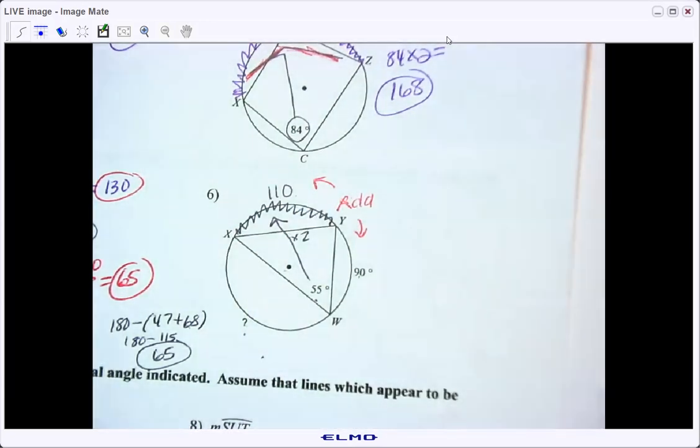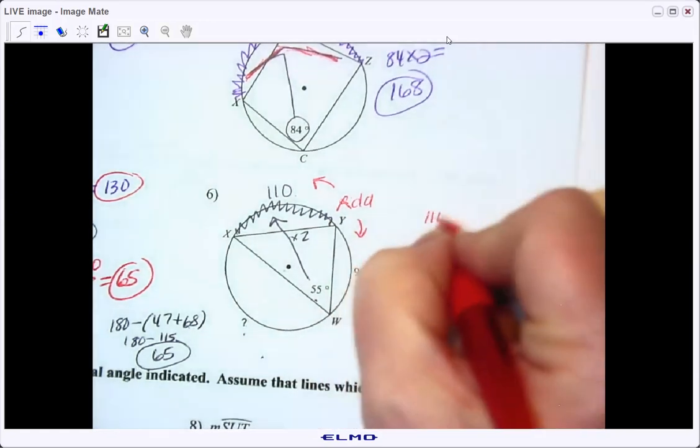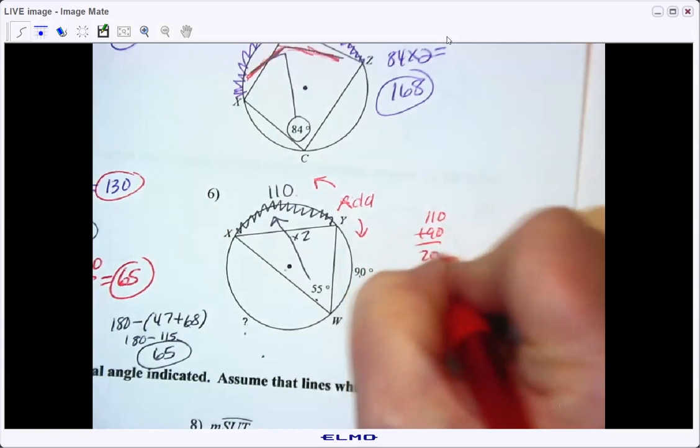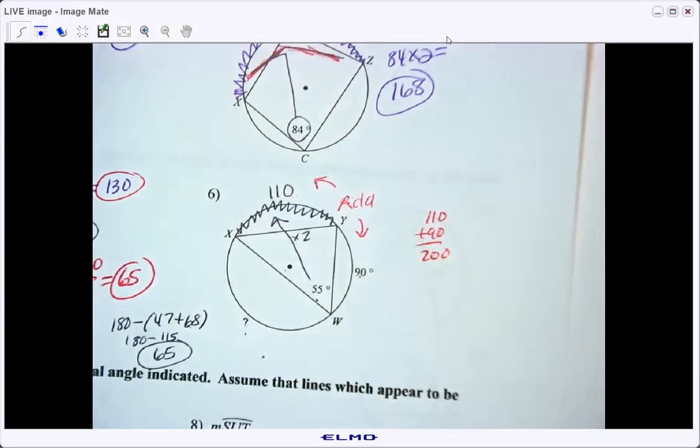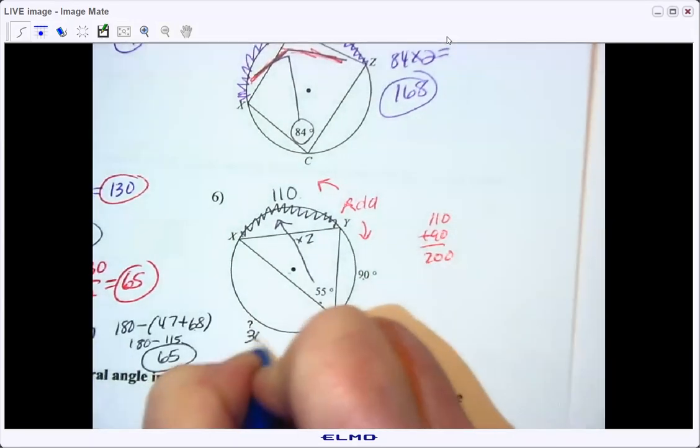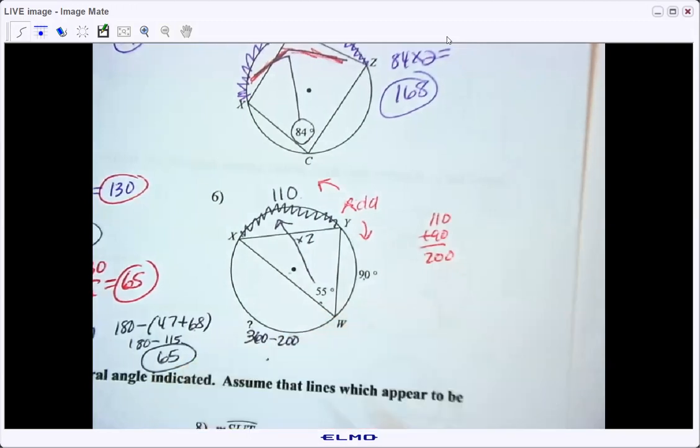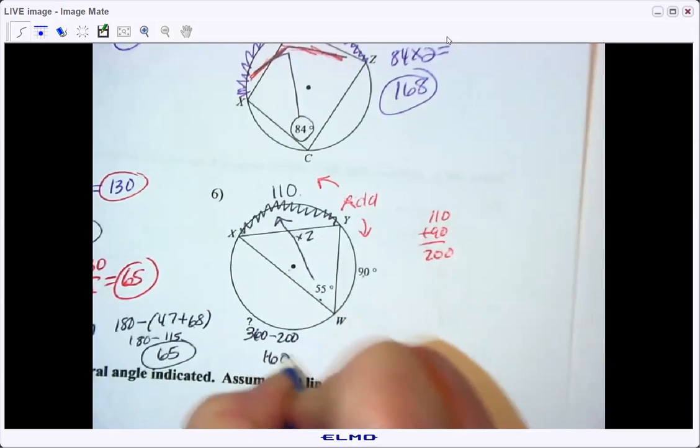Good. Good, Alex. Look at you. So I'm going to go 110 plus 90 to get 200. So I know that this arc over here is 360 minus 200, or 160 total.